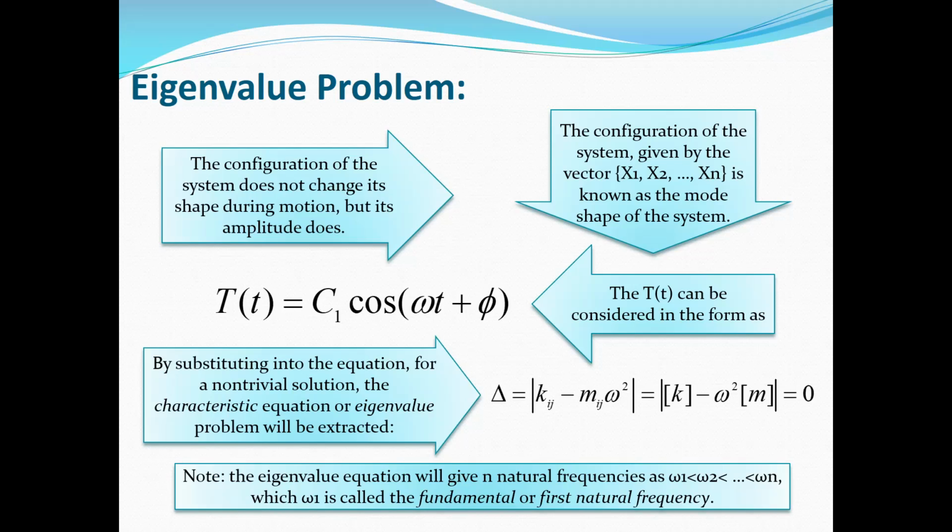And if we have resonance, usually the lower frequencies, such as omega 1, are more important, because usually the system will be excited with the frequency of the first natural frequency, and it can cause the resonance phenomenon.